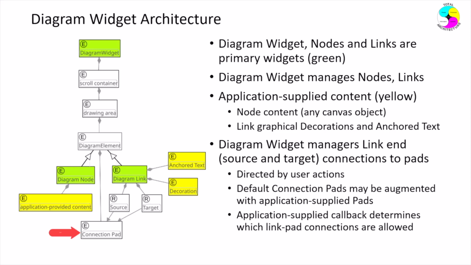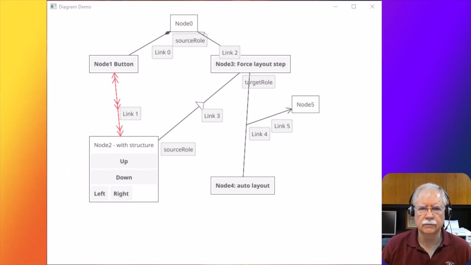For a link, it is a point in the midpoint of the link line. The diagram widget itself manages all the user interactions involved in actually making these connections, and an application supplied callback determines which link pad connections are allowed. The default allows any connection, and let's play with it a bit.